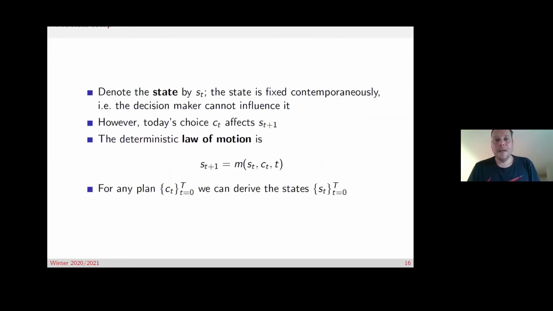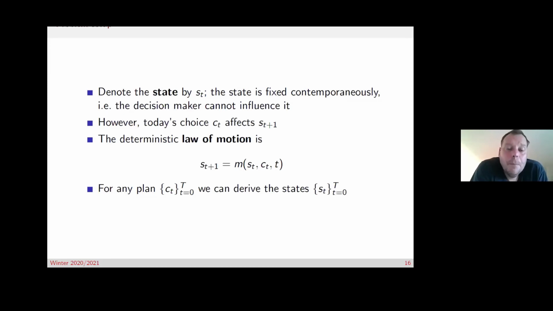But what we obviously have is the state, which is labeled here by s_t, and this is fixed contemporaneously. At any point in time, I cannot just change the state that I'm in. As a decision maker at some point in time t, this is just exogenous, just fixed. Future states, so s_{t+1}, can be affected by choosing things.